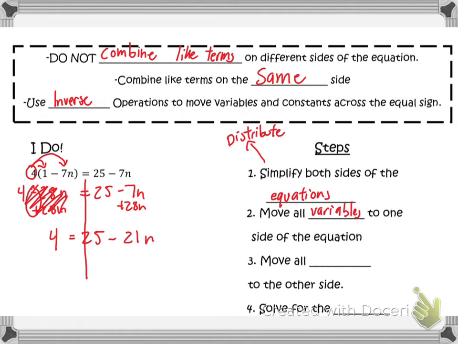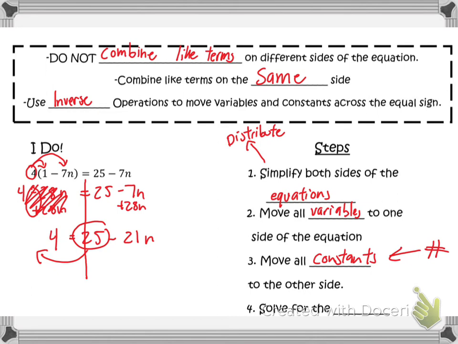And last, I'm going to move all the constants, which are just numbers without variables, to the other side. So I moved the n to the right side. I'm going to move the numbers to the left side. So now I'm going to move the 25 over, but I can't just pick it up and move it over. That's not how math works.